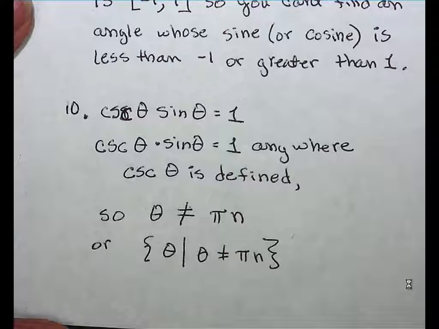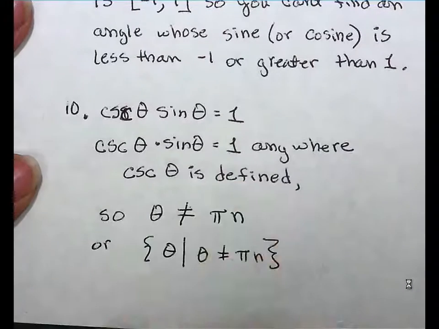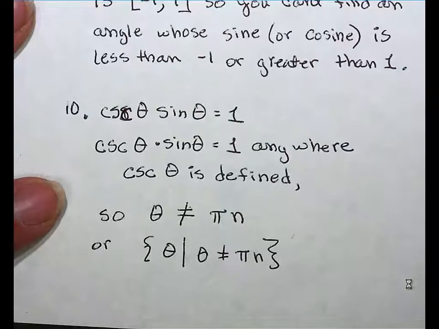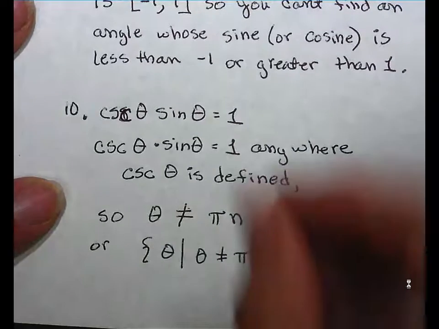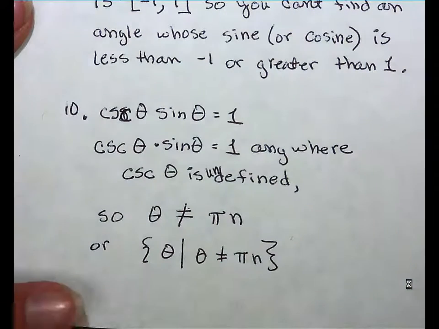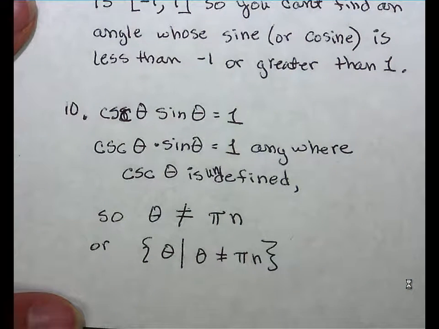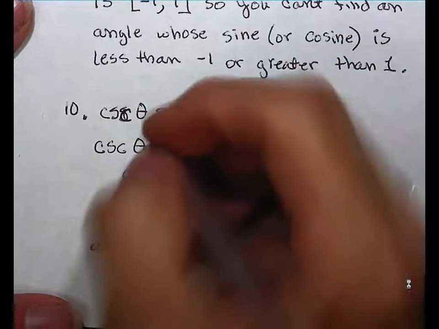Good job. Yes, ma'am. Oh, I left out my prefix there. Would that help you? No, that's not right. Cosecant times sine is 1 anywhere cosecant is defined.